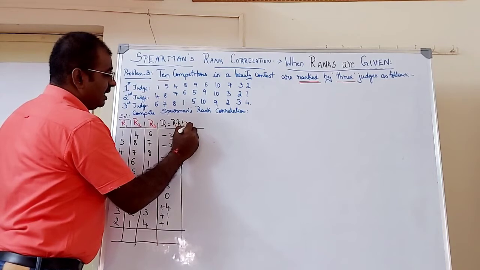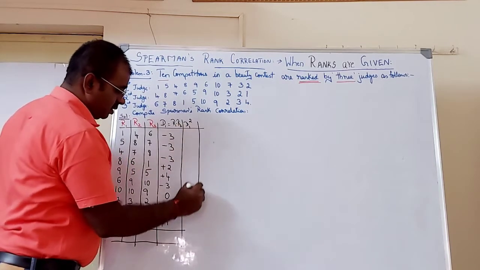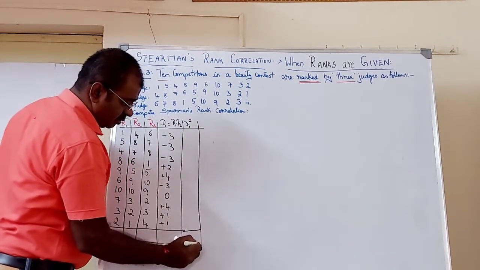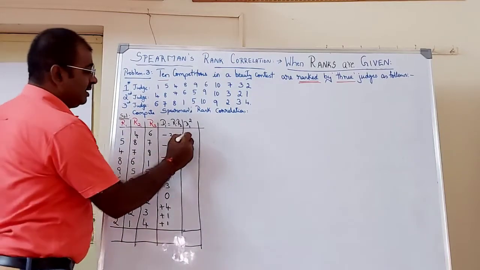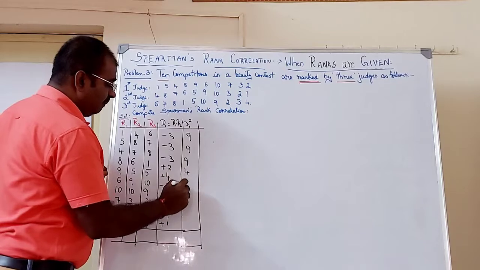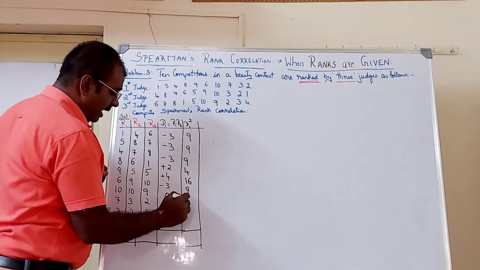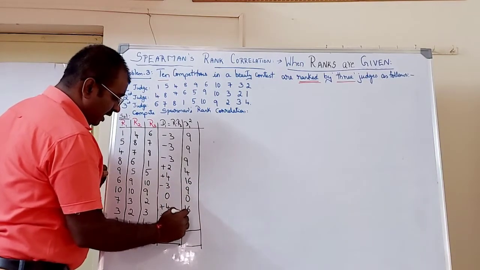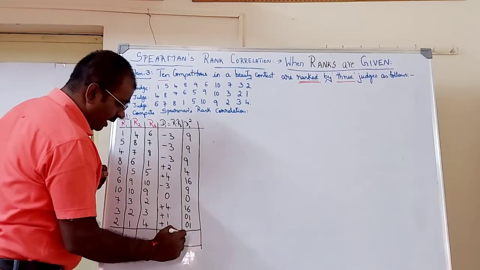And similarly, let us find out D1 square. So D1 square: 3 squared is 9, 3 squared is 9, 3 squared is 9, 2 squared is 4, 4 squared is 16, 3 squared is 9, 0, 4 squared is 16, 1 and 1.